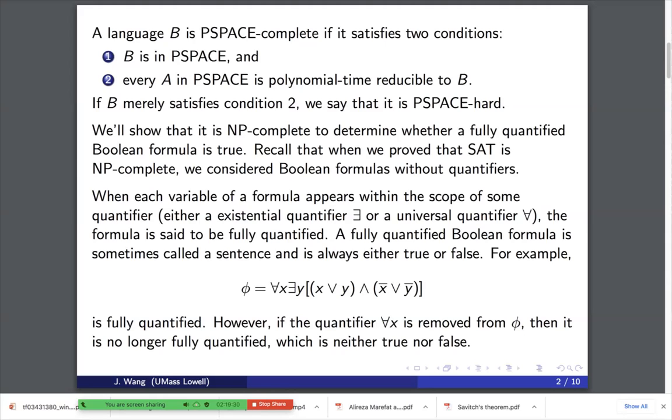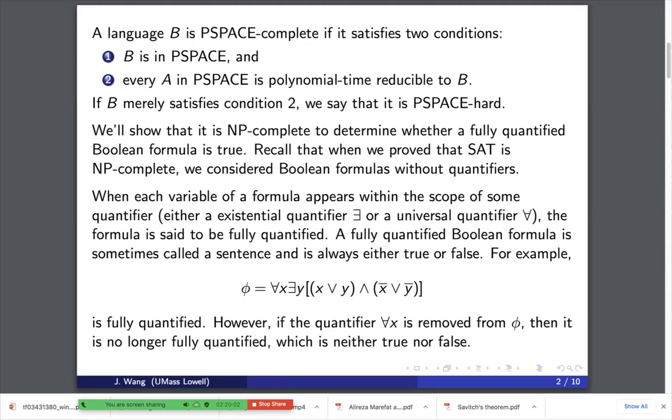Okay, so this is similar to NP completeness. Then if B merely satisfies condition 2, we say that it is PSPACE hard. That concept is pretty straightforward once we understand NP completeness.